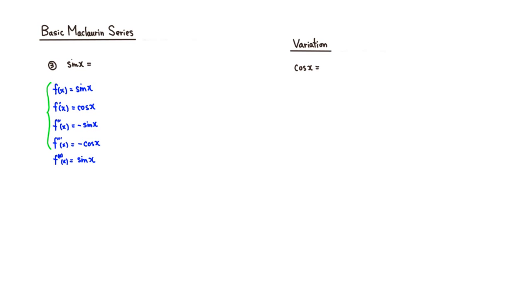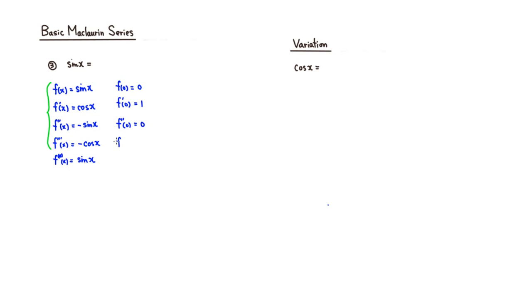All right, then since it's a Maclaurin series, I'm going to just plug in x equals 0. So sine of 0 is 0. And f prime of 0, cosine of 0, is positive 1. And the second derivative at 0 would be negative sine of 0, which is still 0, right?